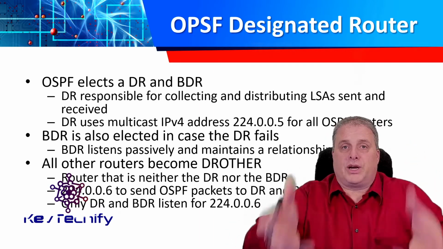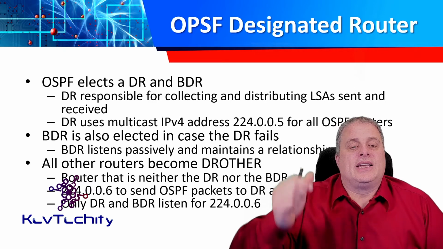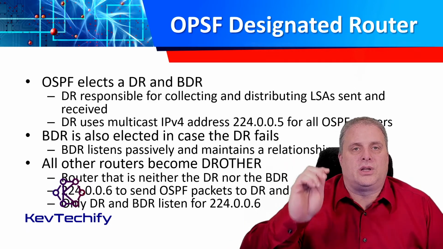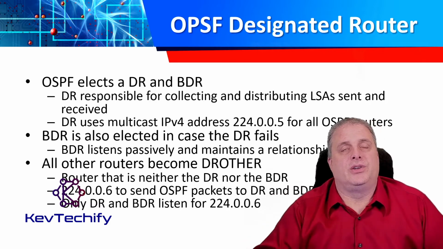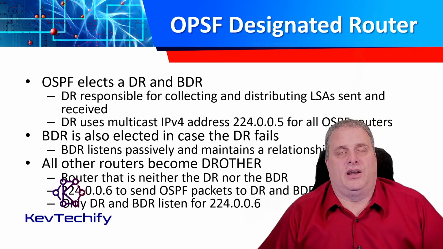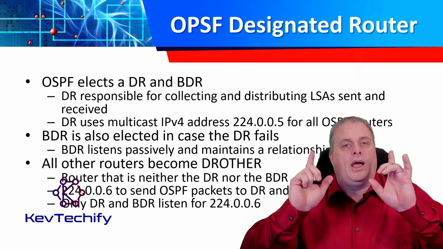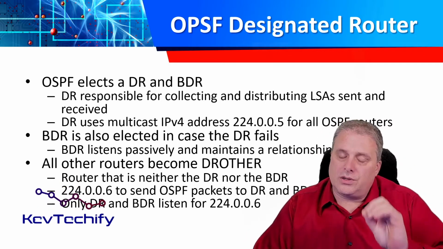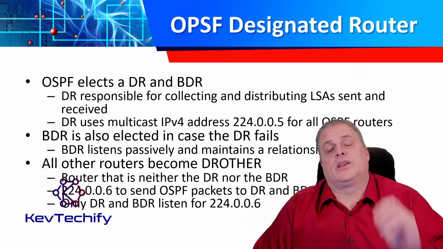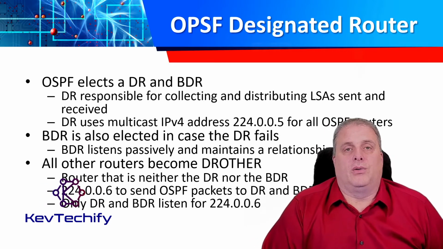This is another special multicast address that those DROther routers use to send OSPF packets to the designated router and backup designated router. The only two devices that listen to the multicast address 224.0.0.6 are our designated router and our backup designated router.